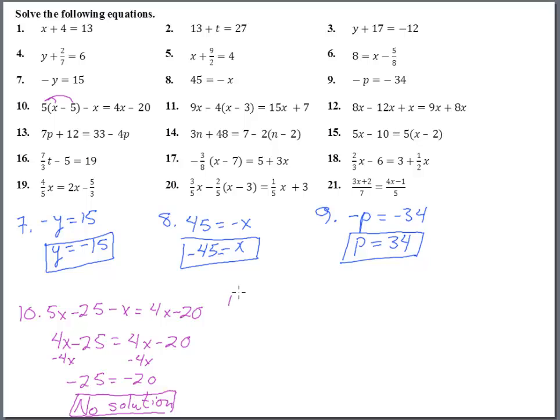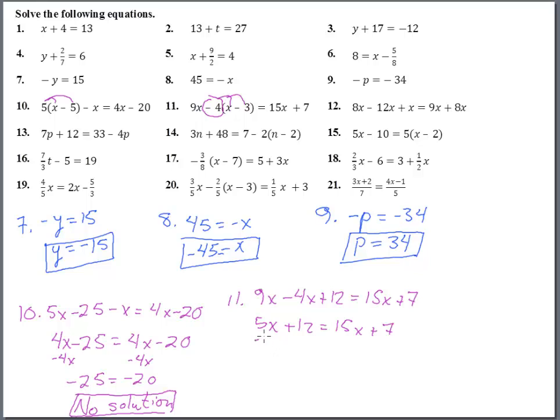Number 11. 9x, we're going to take this negative 4 and jump it in here, minus 4x plus 12 equals 15x plus 7. 9x minus 4x is 5x plus 12 equals 15x plus 7.